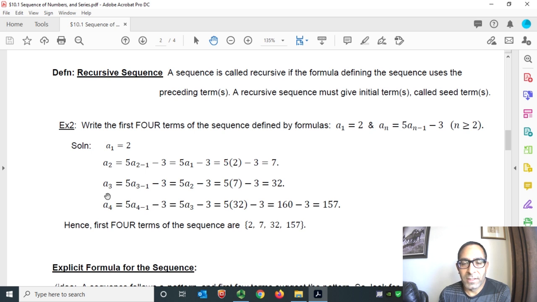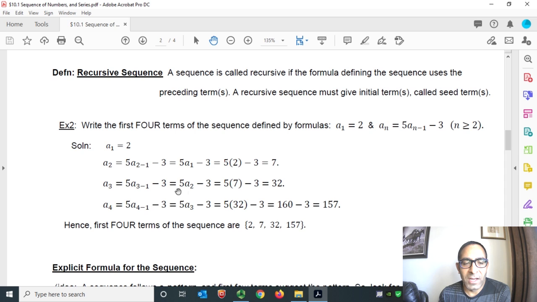Similarly, to find the third term, put n equals 3 in this formula. On the left side, a3 equals 5 times a_(3-1), then minus 3. Again, 3 minus 1 is the suffix, minus 3.